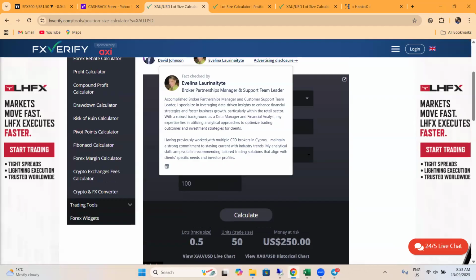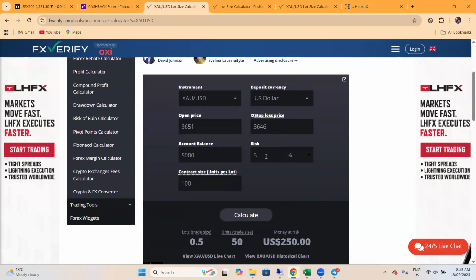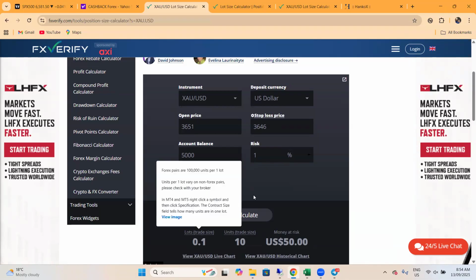Okay, I think we had on this one before, so let's just stick to this one, right? So let's just say you wanted to put in 3. So you just put in, well, 1, just put in 1, right? And that gives you the lot size.